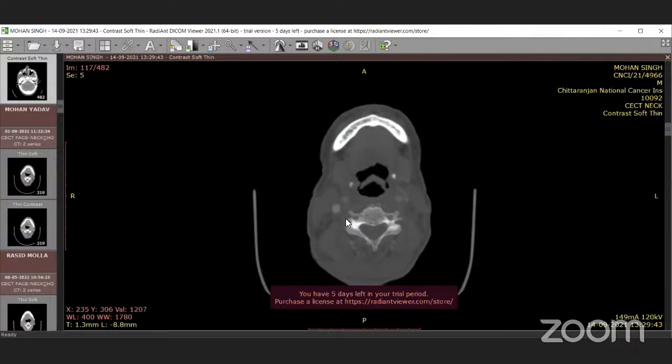So coming to the basic vertebral anatomy, this is the body. This is the transverse process, and these two holes in between are the foramen transversarium through which the vertebral arteries go. These are the pedicles, these are the laminae, and this part is the spinous process.